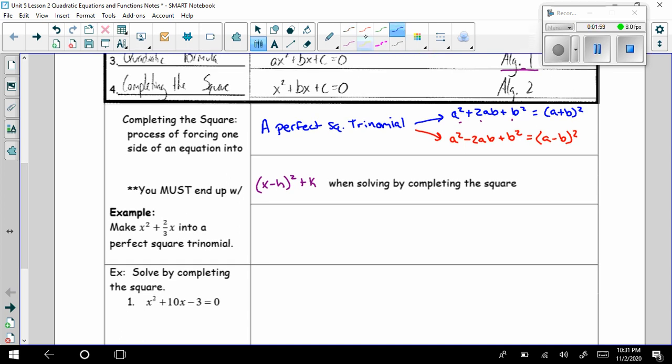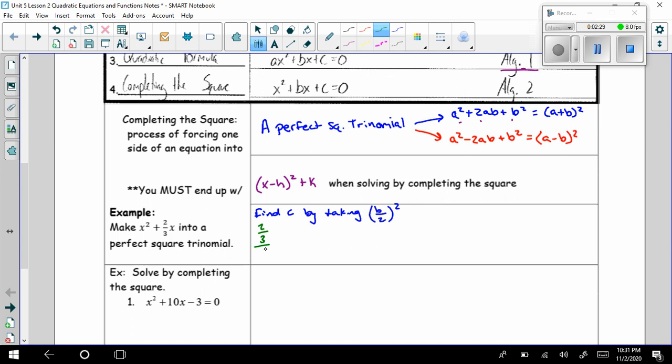So remember, if you have something like x squared plus 2/3 x, and you're trying to get that into a perfect square trinomial, then you need to find c. Find your c by taking b divided by 2 and squaring it. And so here we have our b term is 2/3.